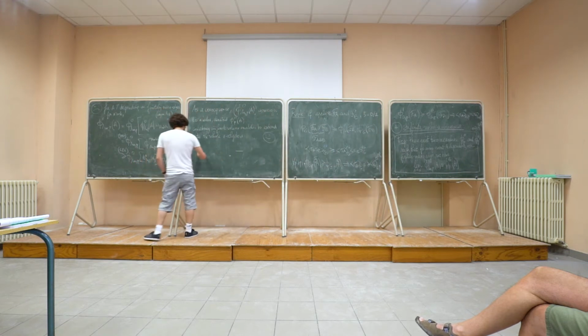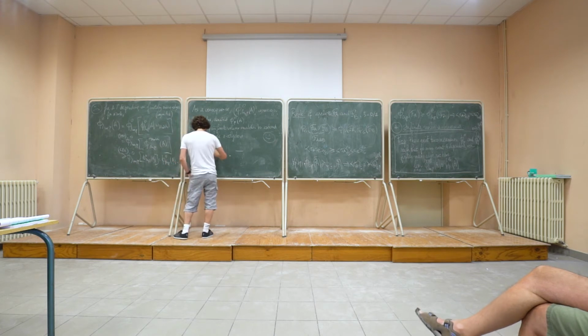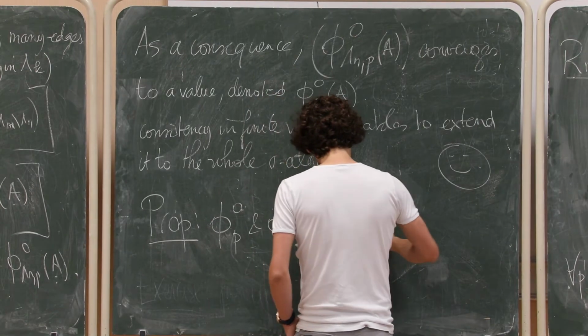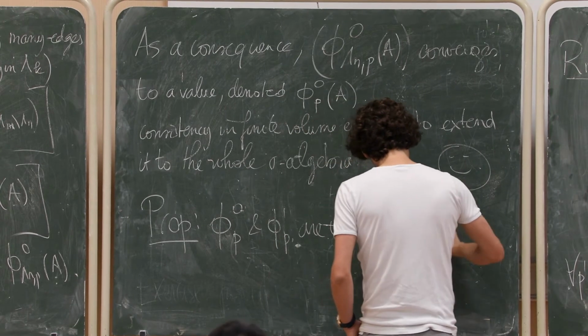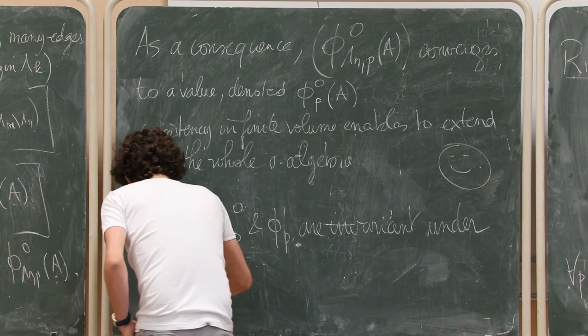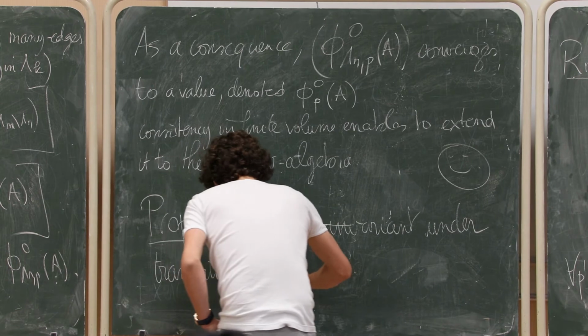So, second proposition in this section: phi 0 p and phi 1 p are invariant under translations and ergodic.